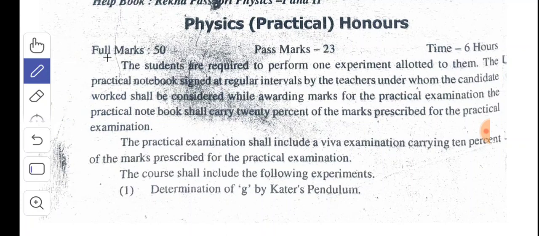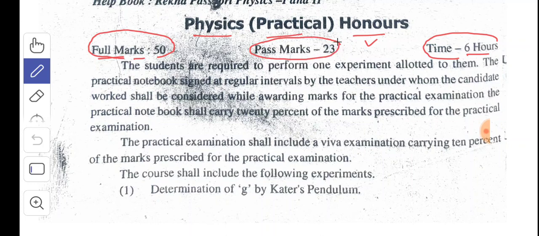It is very important to know that there is a practical for the honors students, and the marks for the practical exam are 50 marks and the time is 6 hours, and the pass marks are 23.